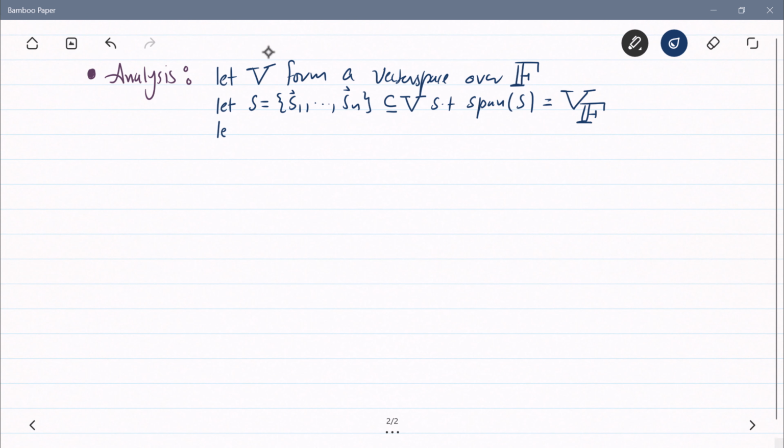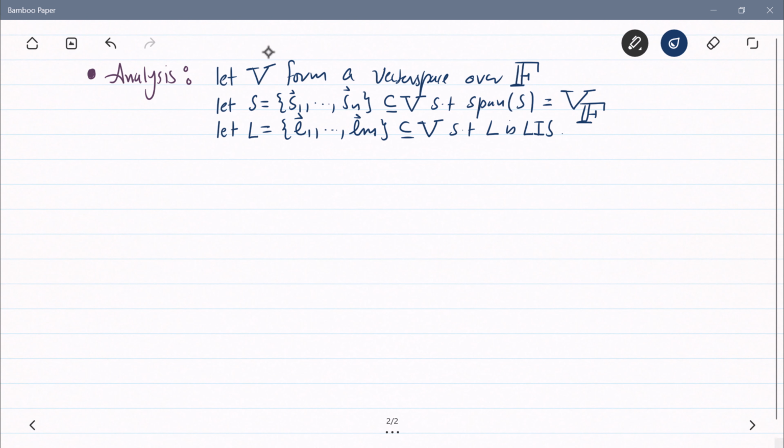And something about the linearly independent subset, such that L is linearly independent. Now, as I said, before we start the analysis, this will at least state two facts that are very obvious.